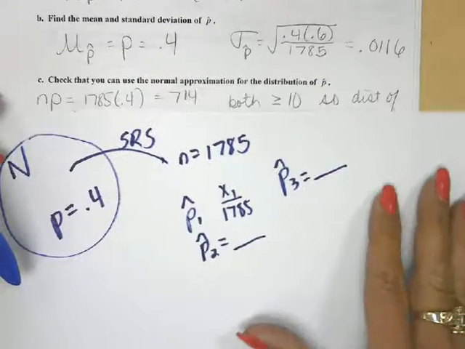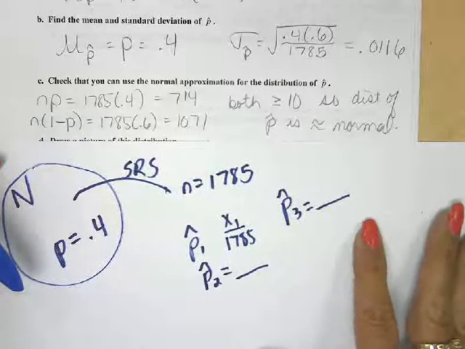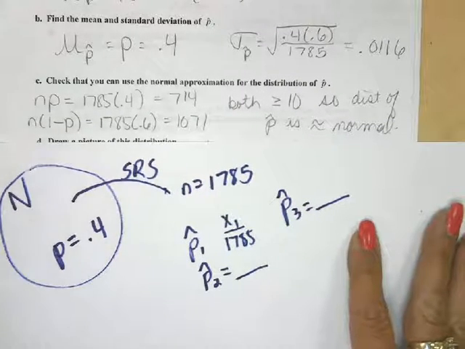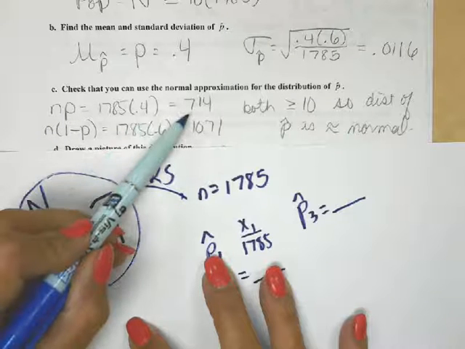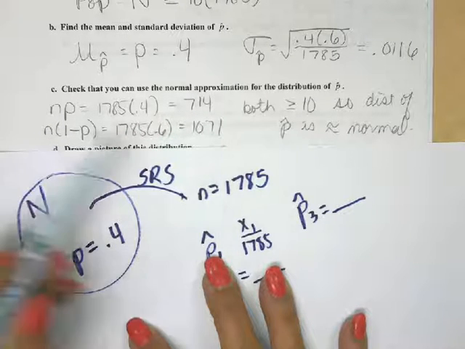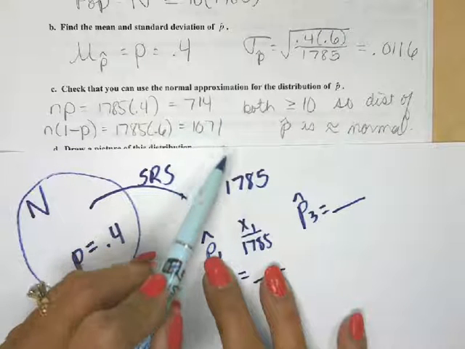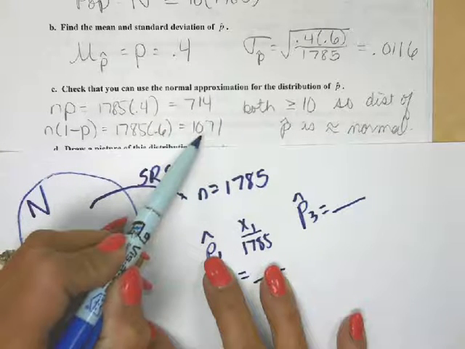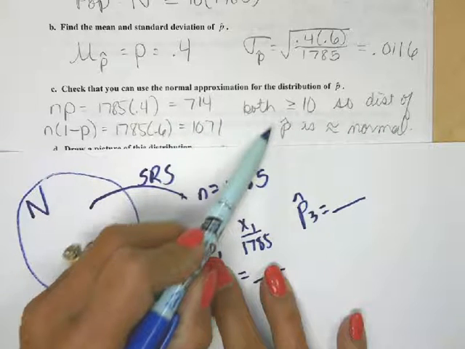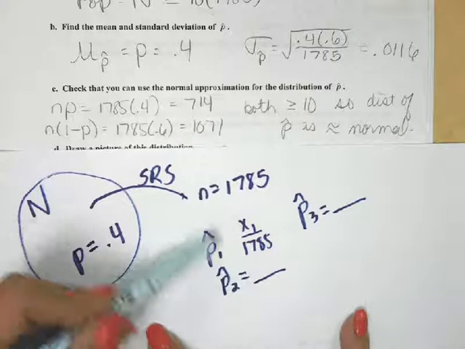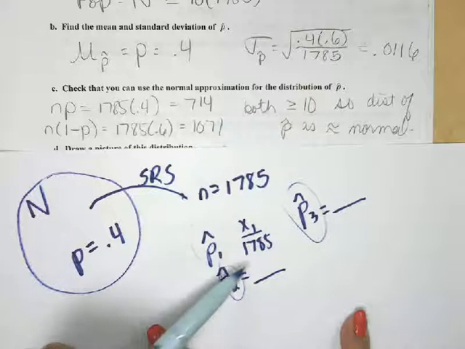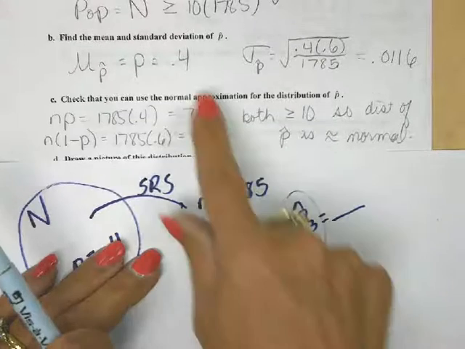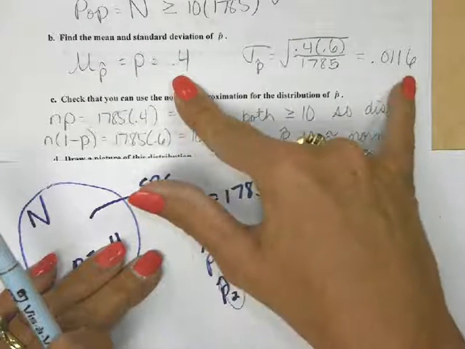Now, will these p hats be approximately normal? Next question. So I have a test, the same as the test for our binomial distributions in Chapter 8. We need to test what happens when I multiply n times p. I expect 714 successes, and I expect 1,071 failures. Since both of these are way greater than 10, my distribution of these p hats, if I graphed a whole bunch of them, will be approximately normal, and it will center here and have this standard deviation.